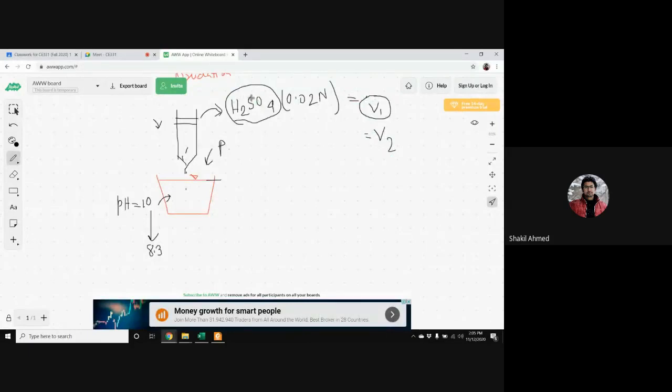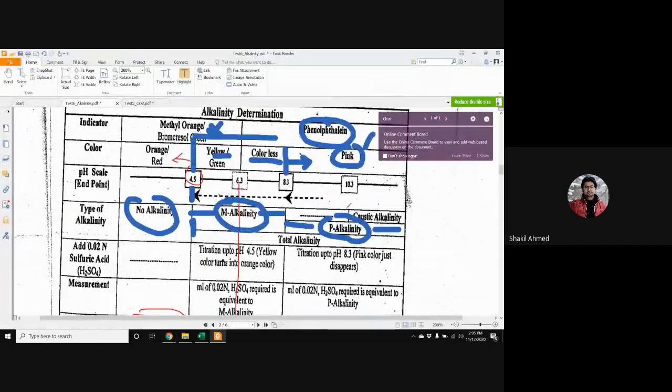So the volume of the sulfuric acid corresponding to the first step is basically the P alkalinity, because you stopped at 8.3, and from 8.3 and beyond, that is P alkalinity.